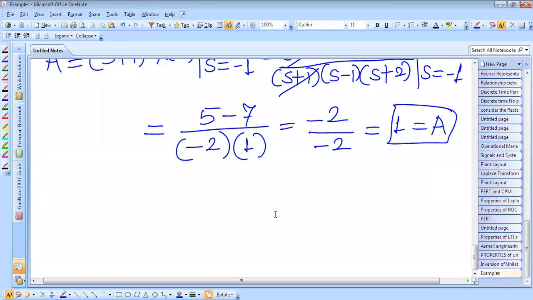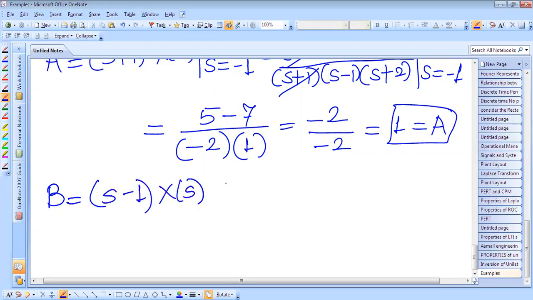Similarly, we find the value of B and C. So what is the B factor? Corresponding factor of B is (s minus 1) into X(s) at s is equal to 1.